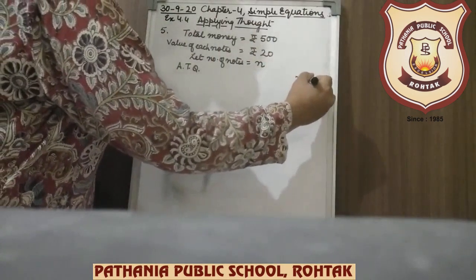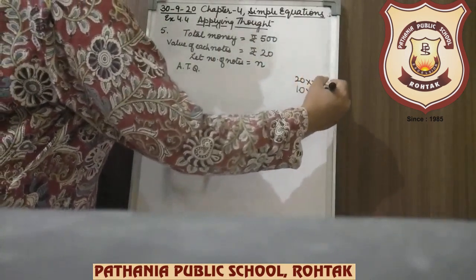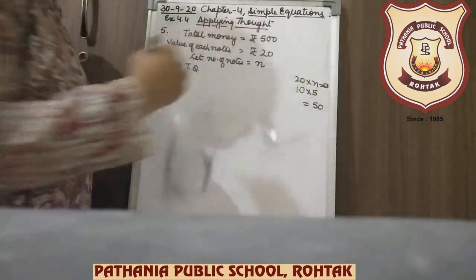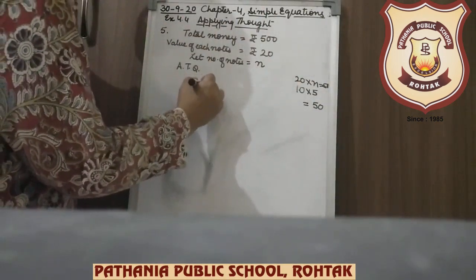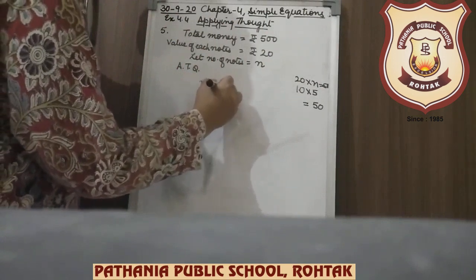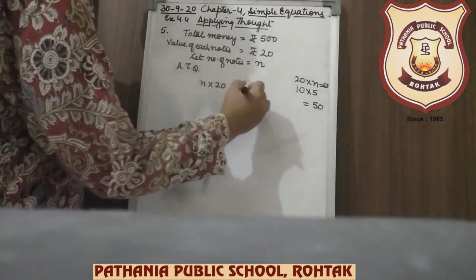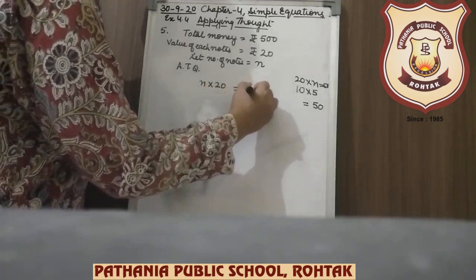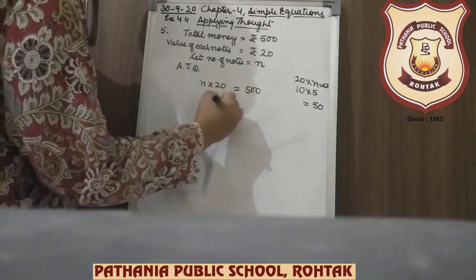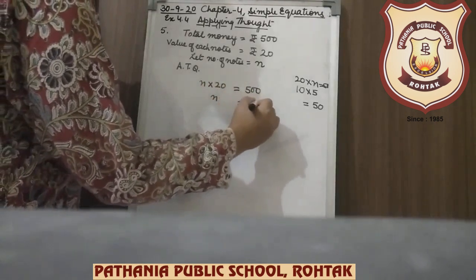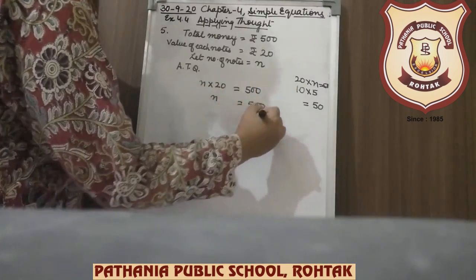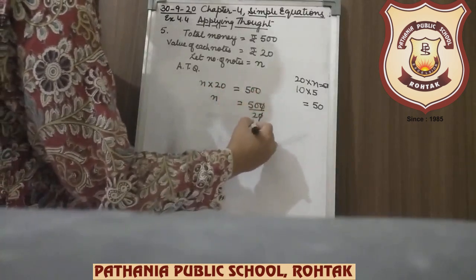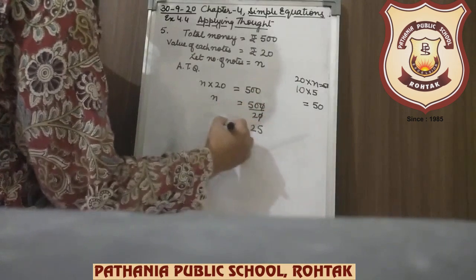You don't know the number, but its value is 500. Is that clear? So now your question is going to be n multiplied by 20, and that answer comes out to be 500. So n is equal to 500 upon 20. So that 0 get cancelled and it is 25.